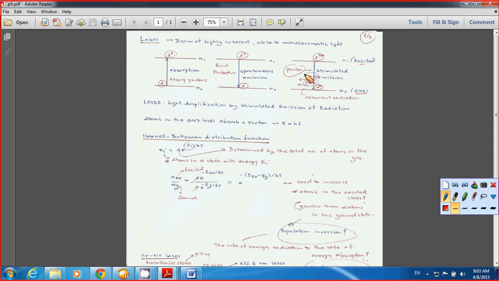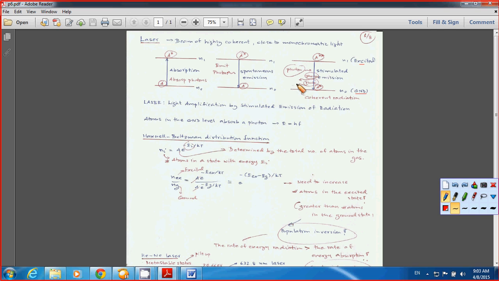And also you have stimulated emission. This means when this one releases energy and comes back to the lower energy at the ground state, its photon also hits another charge and releases another photon, and this photon is going to be absorbed by another atom or electron.